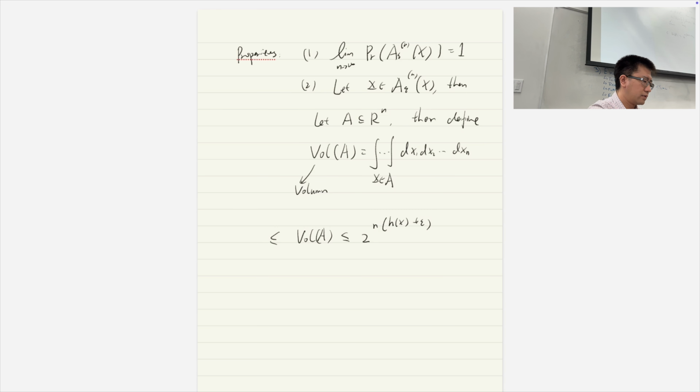Okay, and then the lower bound would be very similar, right? For the lower bound, we need to be a bit more careful. We have 1 minus epsilon in the front, to hx minus epsilon, which is the exact same as before. The upper bound will hold universally, but the lower bound holds for sufficiently large n.